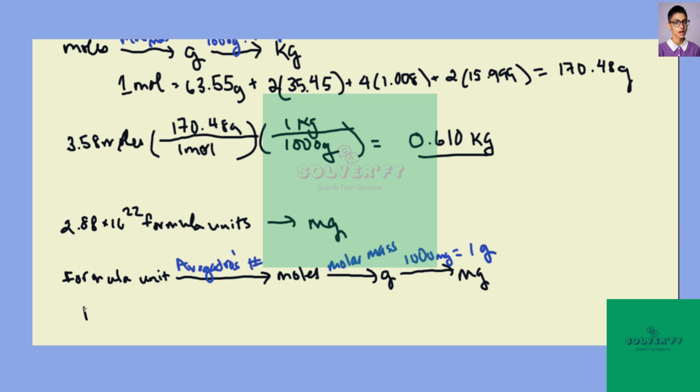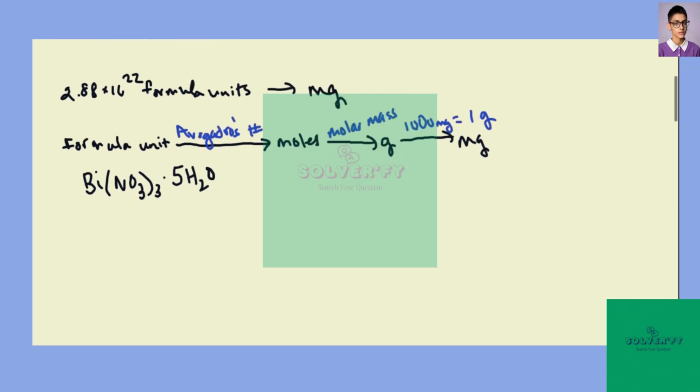And our formula for our compound is bismuth nitrate, Bi(NO3)3·5H2O. So it's another hydrate, which means we have to include the mass of the water.